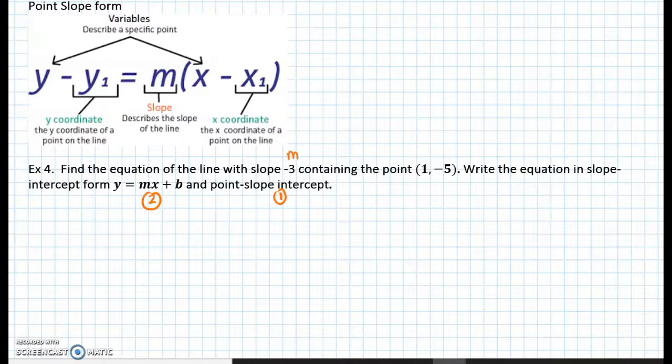So again, this is your m, and then your point would be your x1, y1. So I'm going to write down the point slope form. And then I'm basically going to plug in what I know. I know m, and I know the point.